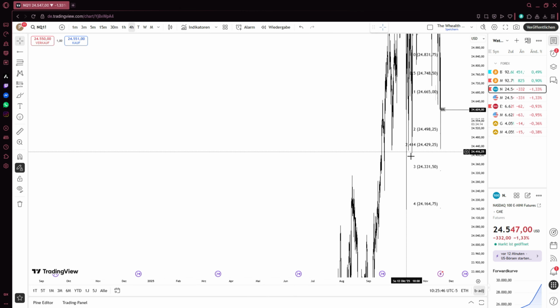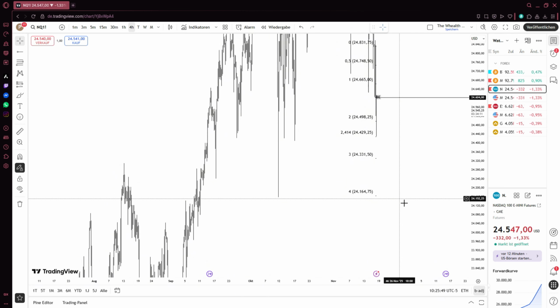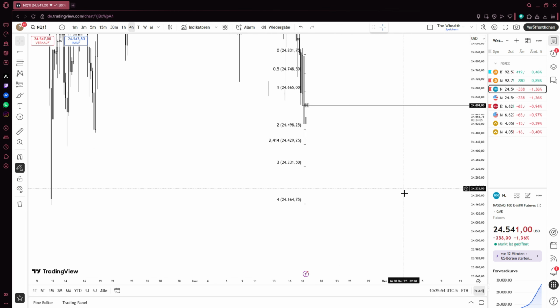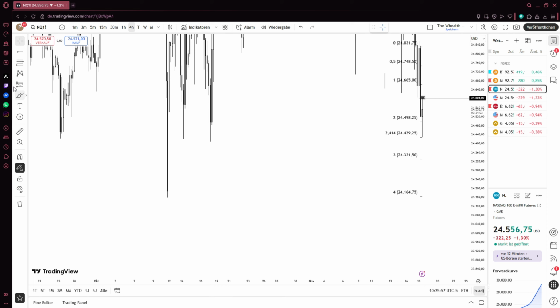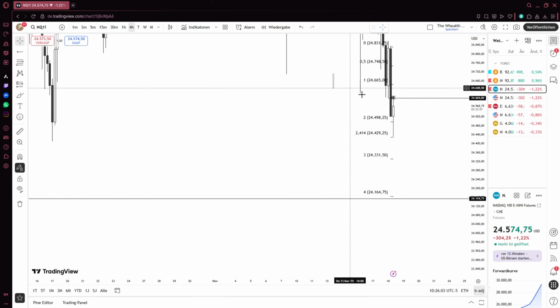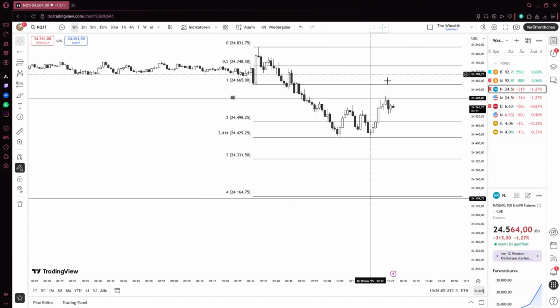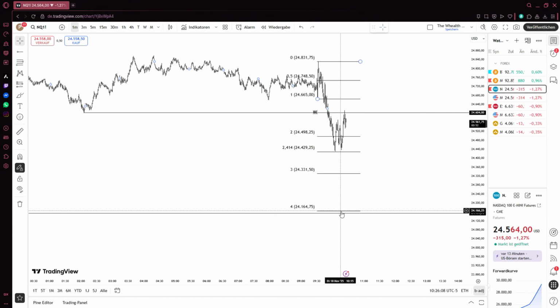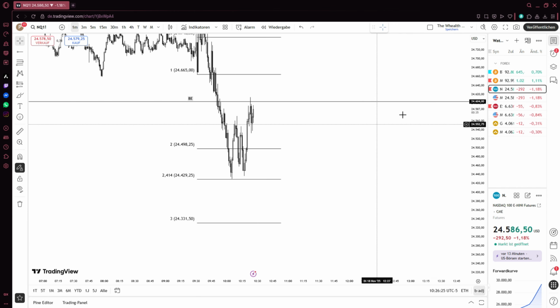What I really like about this is that the -4 is pretty much overlapping with the 4, and the 4 is pretty much overlapping with this liquidity, as you can see here. It's just too good to be random, so I will hold runners till here, take most of my position out here, only something here, and then the rest of my position down there.